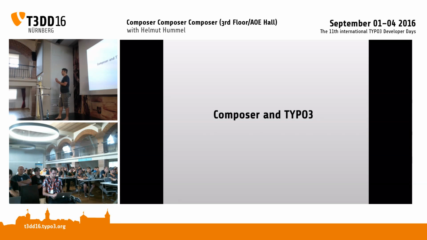What you have to do is not clear some caches, but uninstall the extension and reinstall it again, then the stuff is regenerated. What I cannot recommend is just deleting that folder. It works because I implemented a kind of fallback mechanism, but it's better to just go to the Extension Manager and uninstall one extension, it doesn't matter which one, and install another one, or go to the command line and say CLI dispatch, I don't know the exact command, extbase, and then extension:dumpclassloadinginformation or something like that.